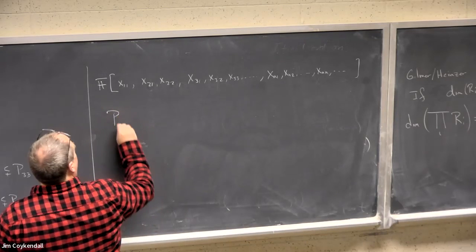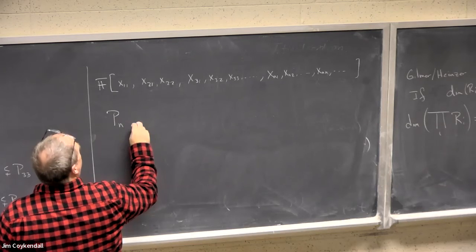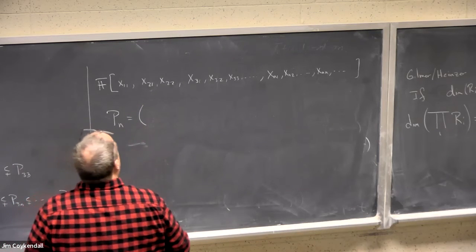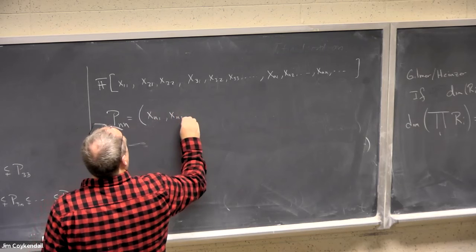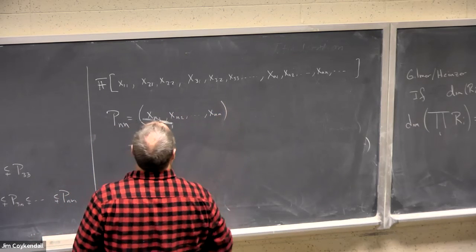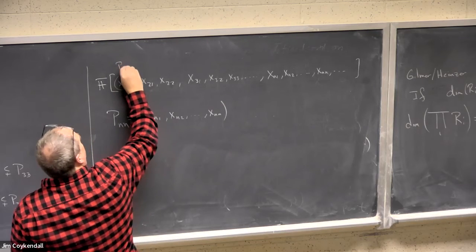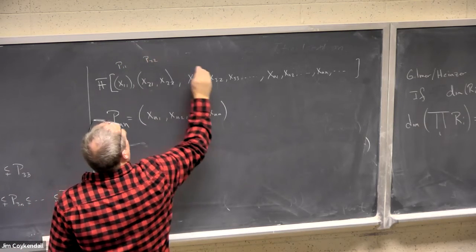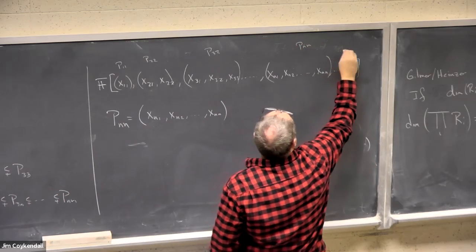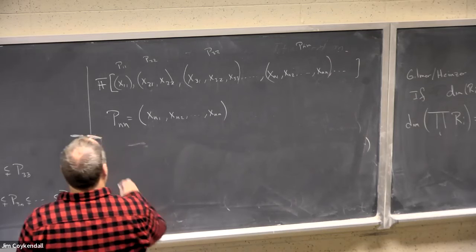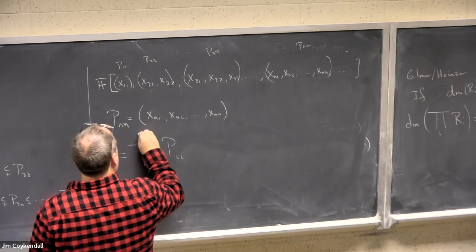Let P_i be the ideal generated by the variables in the i-th block. So I let P_1 be generated by that, P_2, P_3, and so on. Let S be the union of the complements of the P_i, i from 1 to infinity.